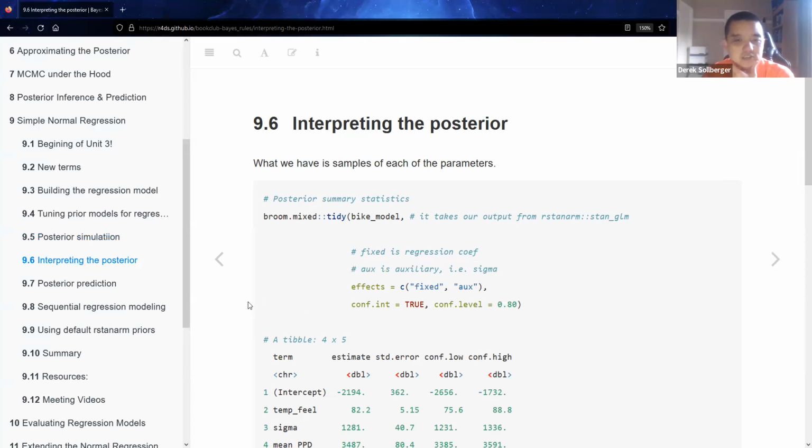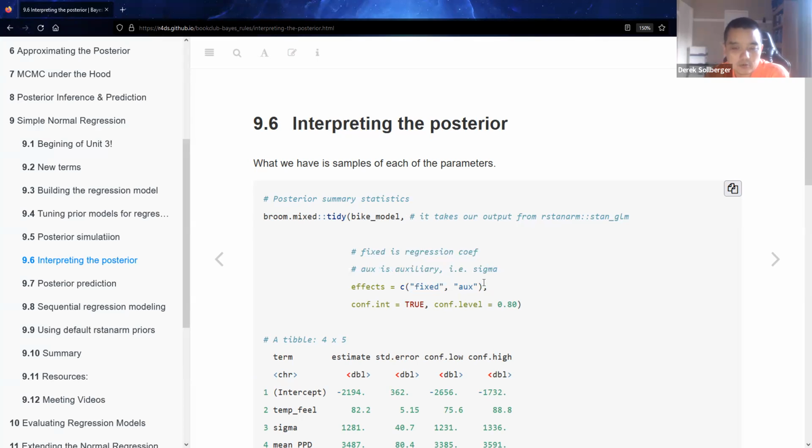Yeah, so let's start to see some of these results now. Being careful of the terminology, we're going to look at the bike model. We'll use the convenient tidy function from the broom.mixed package, specifying the effects. Remember that the fixed variables are coming from the regression coefficients.